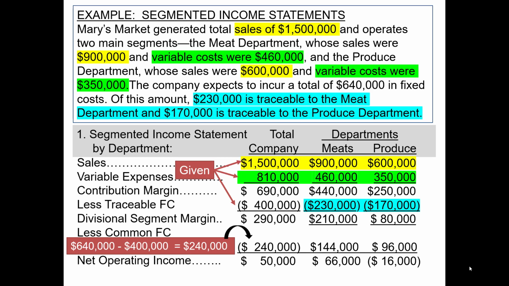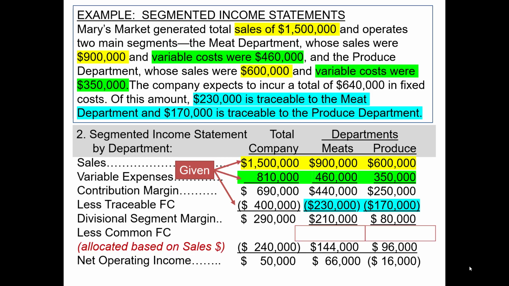Now, we do need to allocate that among the segments in order to get net operating income. And here we see that for this segmenting, this allocation is based on sales dollars. And if you look at the mix of sales, we have 1.5 million of total sales, with meat being 900,000 of that. That's 60% of sales.